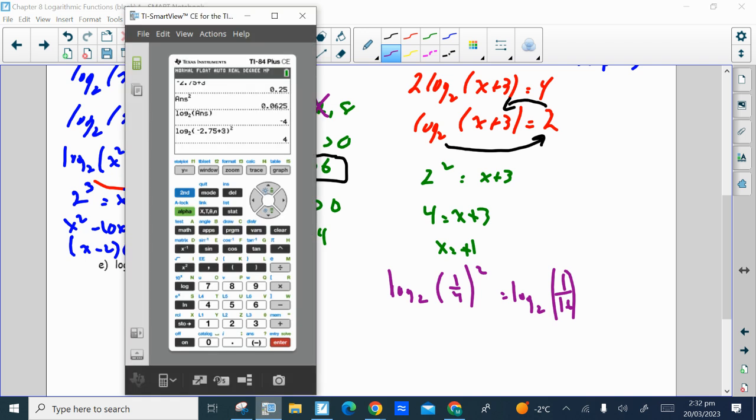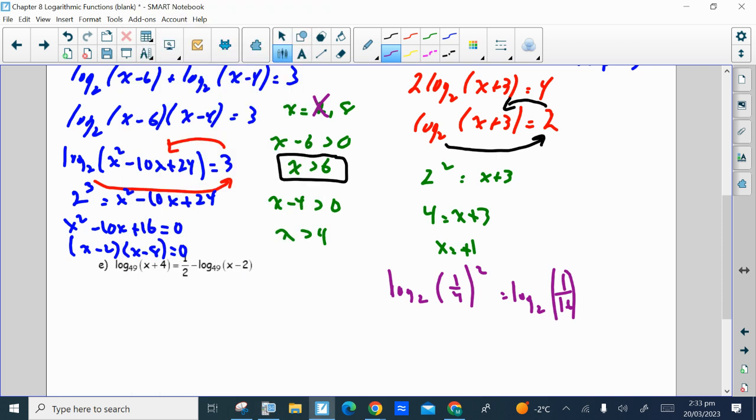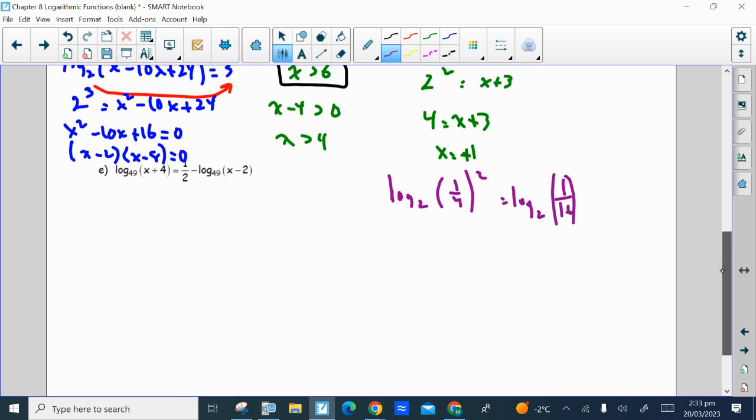I'm not sure why the calculator does that, because no matter what, you're going to have the log of 1/4 inside the bracket. It should follow the order of operations. I'm not sure why it does that.